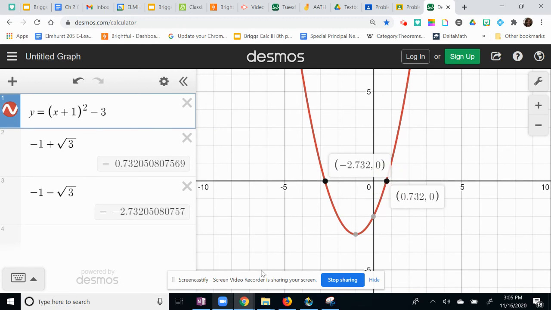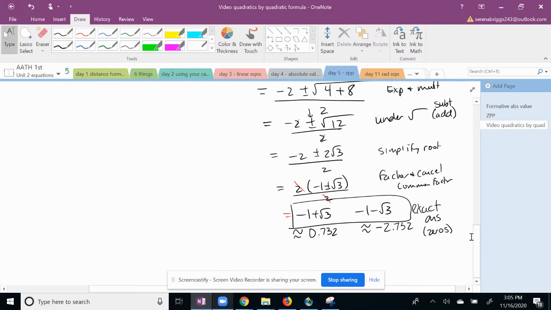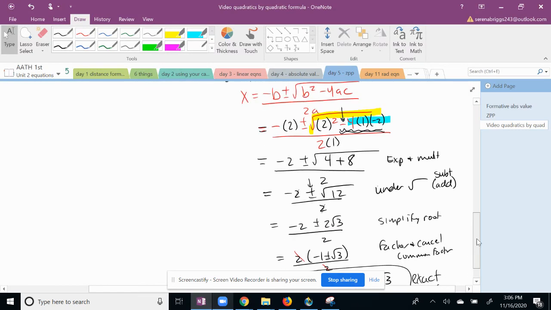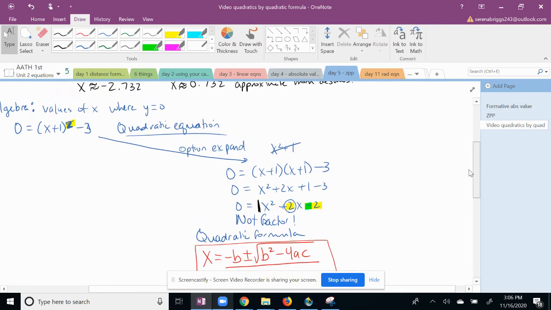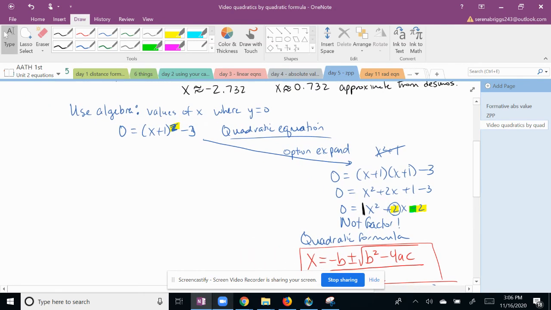So that's proof positive. Now I might note that there's another way to get around solving this quadratic equation. We solved it by expanding, which is most students' natural way of solving. But we could also solve this by something called the square root method.